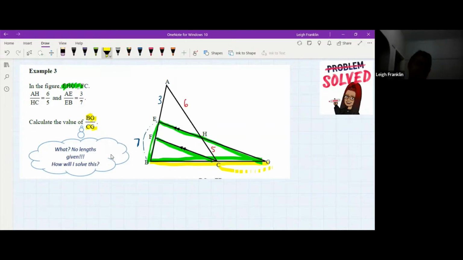But that can't be the starting place because BG over CG would be equal to BE over FE, and we don't know anything about FE. We know BE, but FE is missing. Can everybody see that?